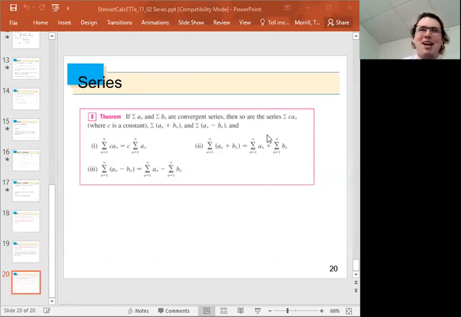Once again, I want to emphasize that every infinite sum is secretly a limit, the same way as every integral is secretly a limit.